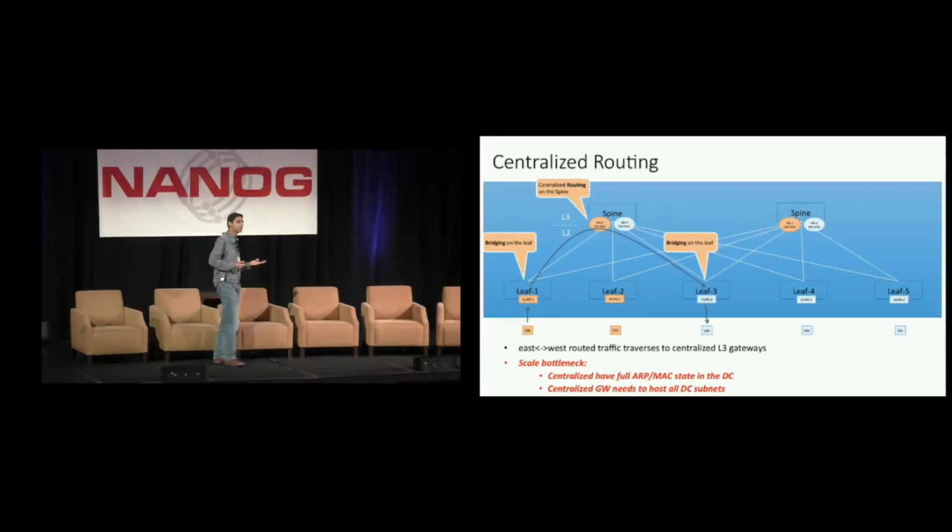So this obviously presents a scale challenge, where you're limited by the ARP or the adjacency scales on that centralized gateway, and once you hit the capacity, you cannot easily increase the capacity of your data center, particularly the routing capacity, without upgrading that centralized gateway. In addition, it also arguably presents a single point of failure.